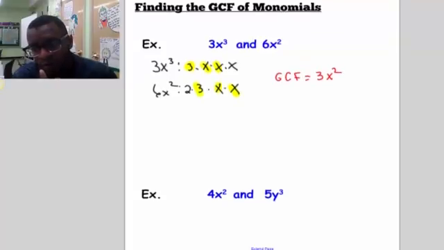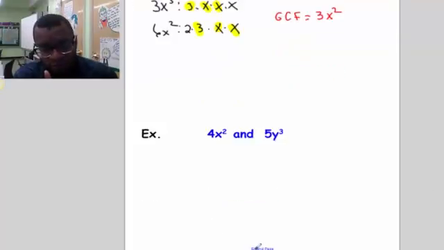Okay, so now let's look at the second example. Now we want to find the GCF of 4x squared and 5y cubed. So again, we're going to write each of our terms, and we want to break these down. So the factors of 4 are 2 times 2, and x squared is x times x.